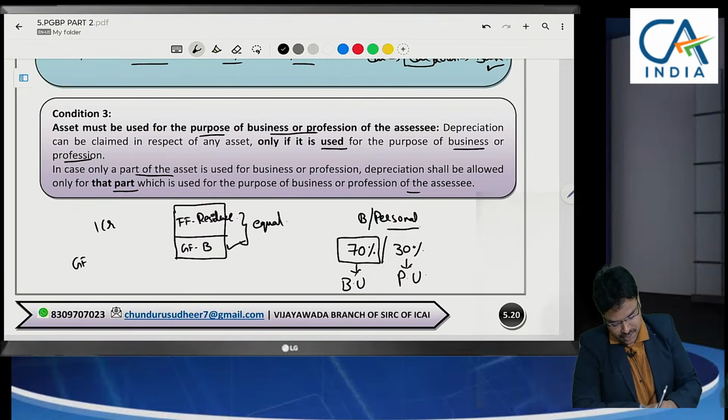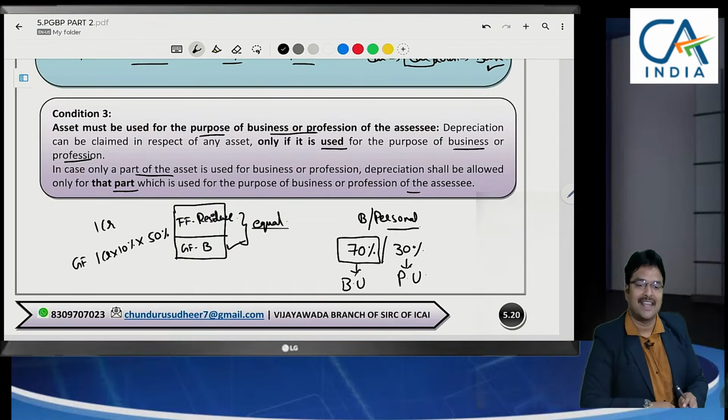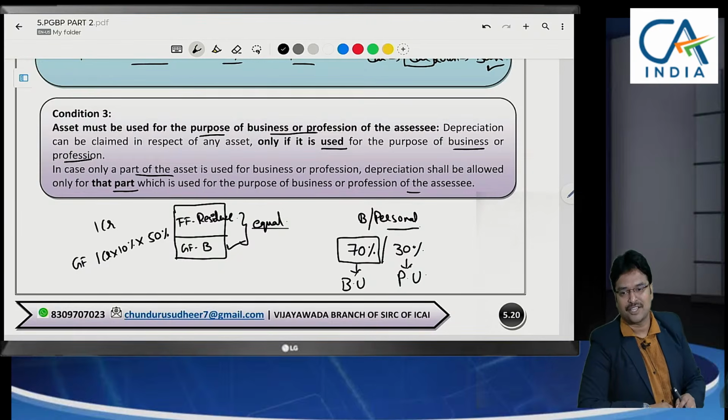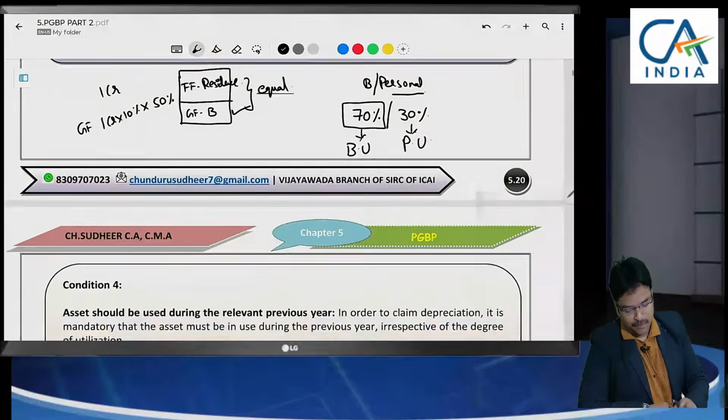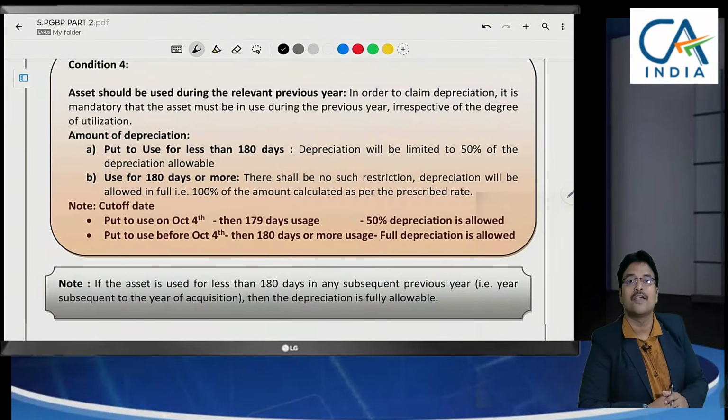In such a case, out of 1 crore, depreciation at 10%, only 50% will be eligible, assuming equal size. Like that, based on area, we have divided the depreciation. So what I mean to say here is the asset must be used for the purpose of business or profession, that is condition number 3.